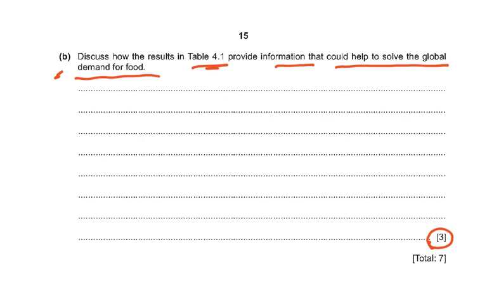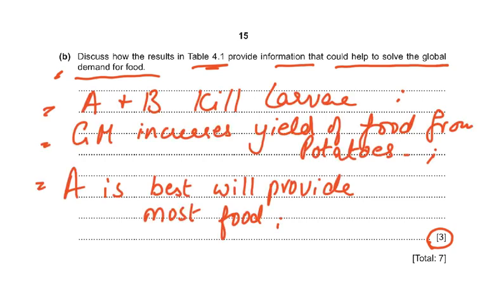So A is the best, kills most of them, so should be grown and will provide a lot of potato. So will provide a lot of food for the human beings living on the face of this earth. So A and B both result in killing the larvae, which would destroy the leaves. Less leaves means less photosynthetic area, means less glucose, means less starch, means less crop yield.